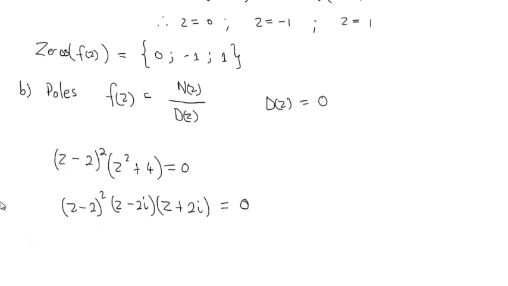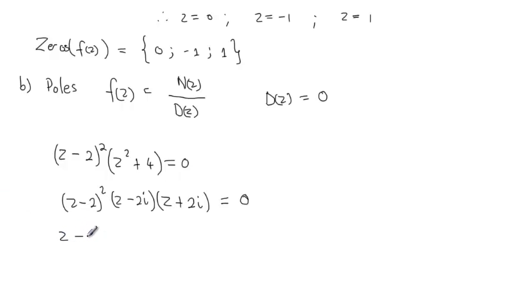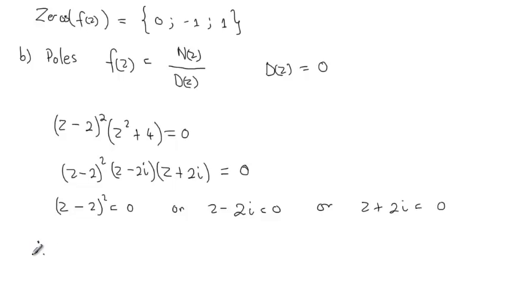So this would mean that z minus 2 squared equals 0, or z minus 2i equals 0, or z plus 2i equals 0, which therefore gives us that z equals 2 twice.